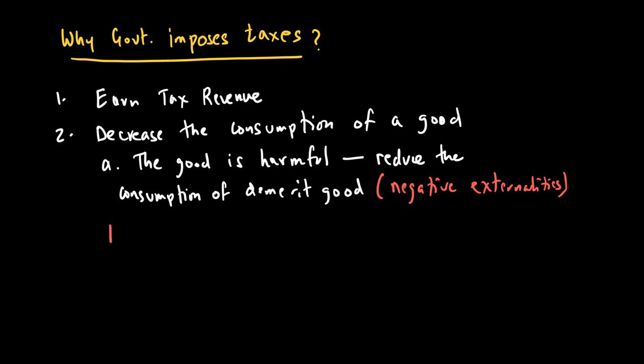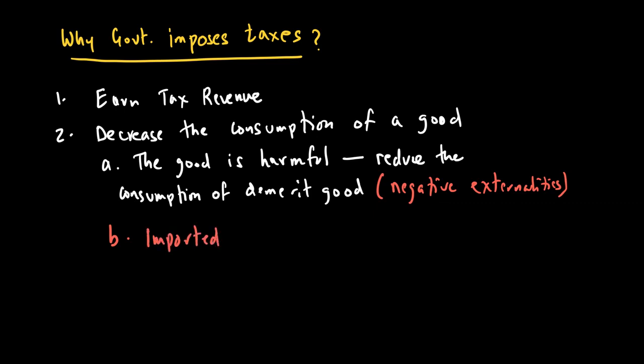The second reason within this that we want to put indirect taxes is on grounds of reducing the consumption of what we call imported goods. So sometimes we decrease the consumption of a good which is imported.